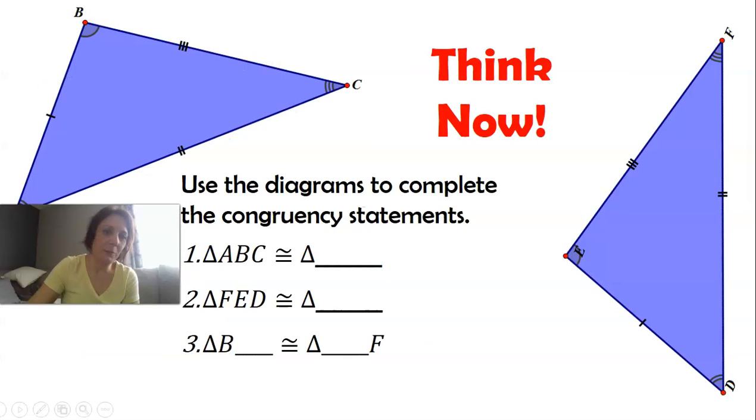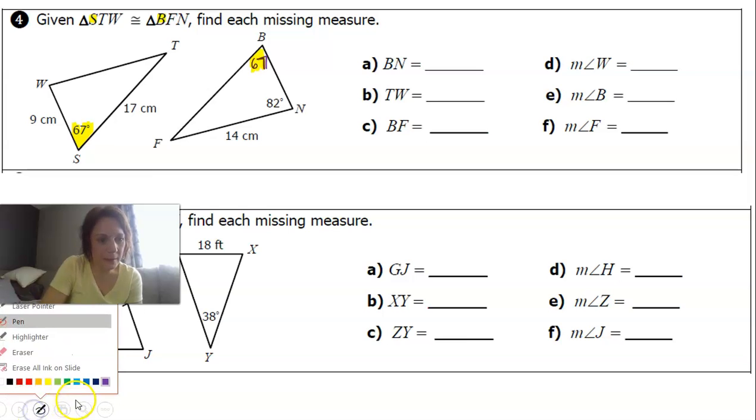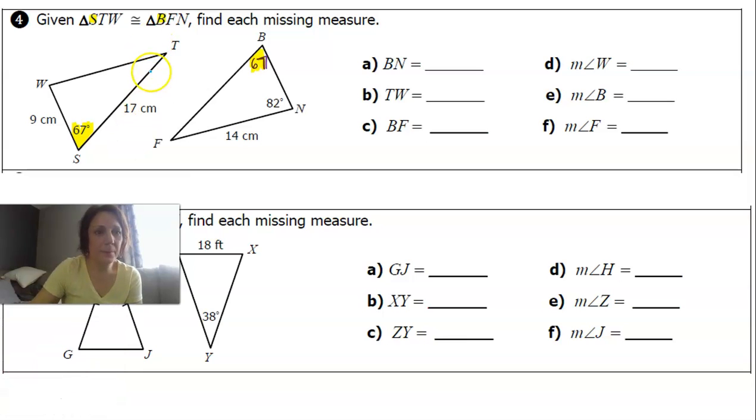If only my pen would write. Okay. So let's get a different color. T and F have to line up. Angle T, angle F. Okay, so let's see here.